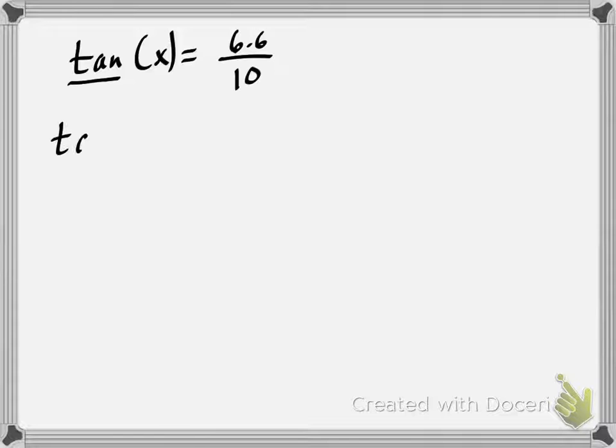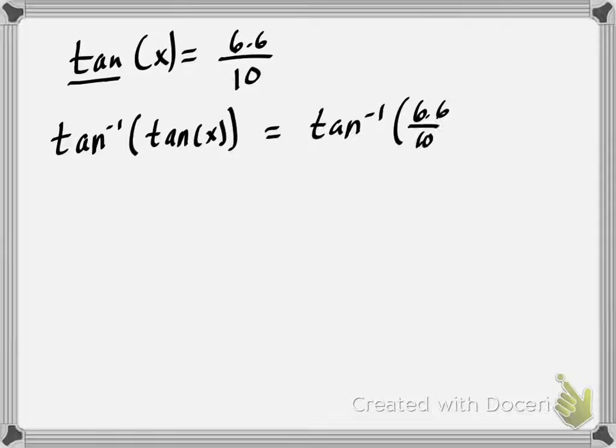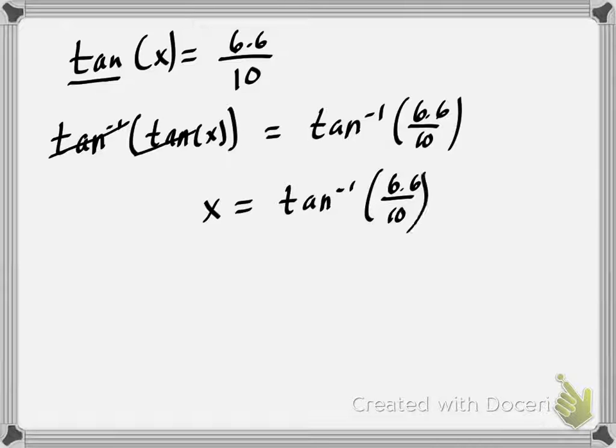So in order to do that, we have to do the inverse tangent of the tangent of x, and then we have to do the inverse tangent of 6.6 divided by 10. And so what happens here on the left side is this inverse tangent and tangent cancel each other out, so I just have x is equal to the inverse tangent of 6.6 divided by 10 in my calculator.